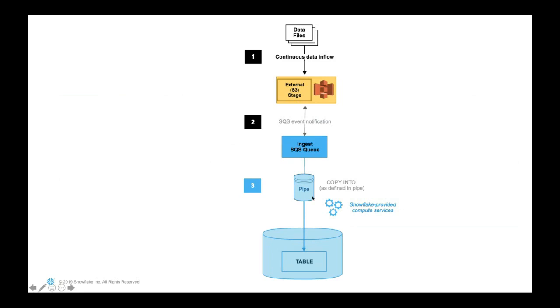Consider Pipe as a serverless object, and it will monitor the queue and the notifications that are coming in and go ahead and load the files that are being dropped into the blob storage. Okay, so that will allow you to load data continuously as it arrives from blob into Snowflake into staging tables.